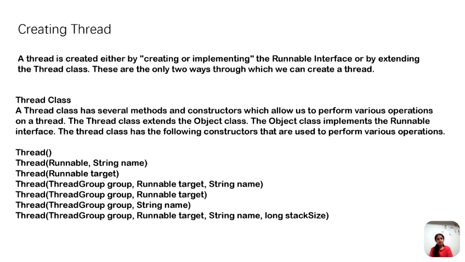The Thread class has the following constructors that are used to perform various operations: Thread(), Thread(Runnable target), Thread(String name), Thread(Runnable target, String name), Thread(ThreadGroup group, Runnable target), Thread(ThreadGroup group, String name), and many more similar ones.